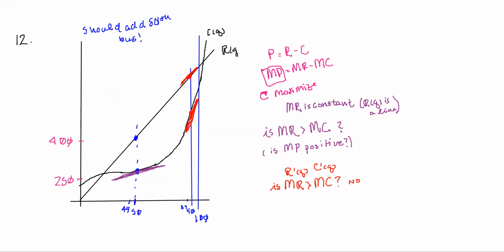Because the slope of C of Q right here is so high and R of Q is not increasing at that same rate, our marginal profit is negative, or our marginal revenue is less than our marginal cost, and therefore we should not add the 90th bus.